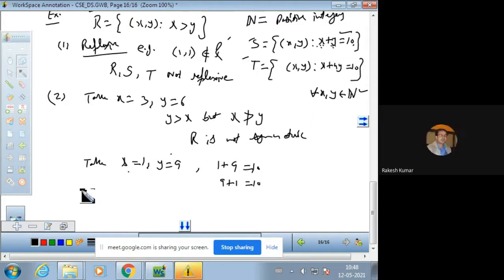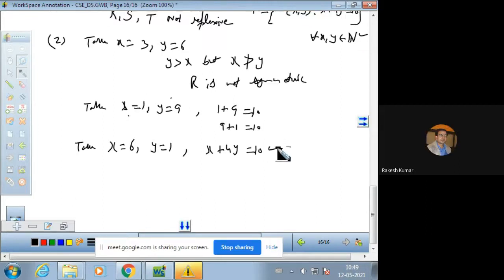So this property is satisfied for S, but for T, when you take x is equal to 6, y is equal to 1, then x plus 4y is equal to 10 holds. No doubt about that.